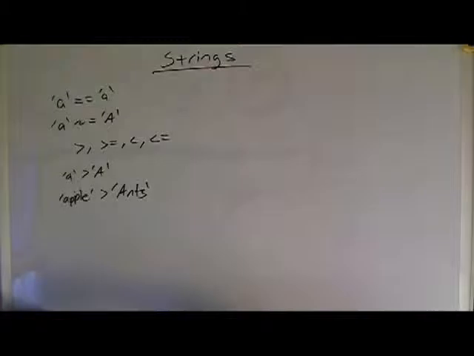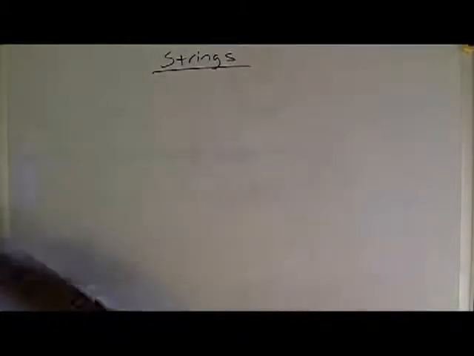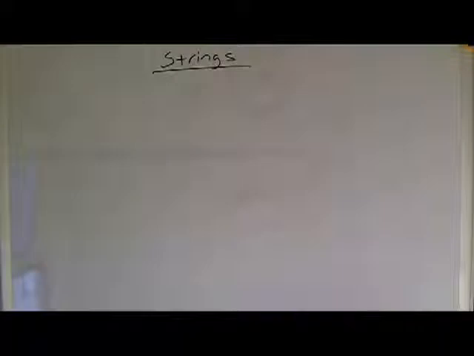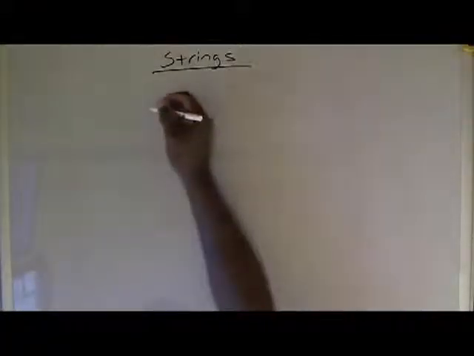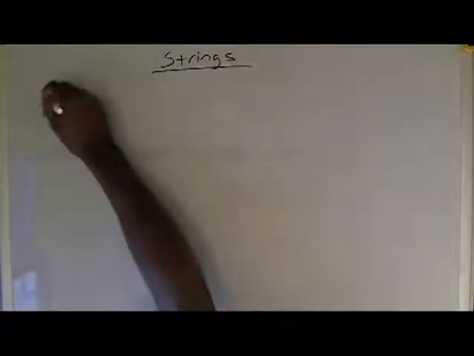Well, that boils down to having to understand a little bit more about computers and how they work than you may already understand. In order to understand this, we have to talk about something called the ASCII code.